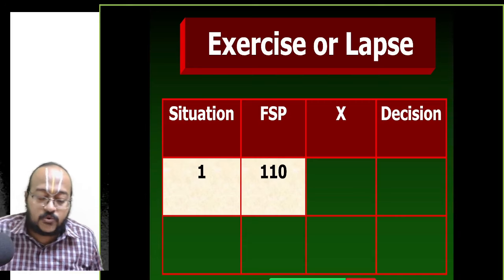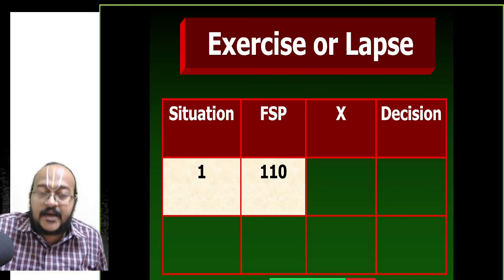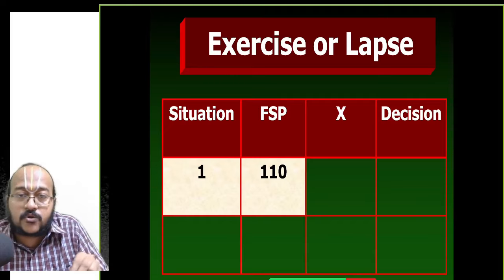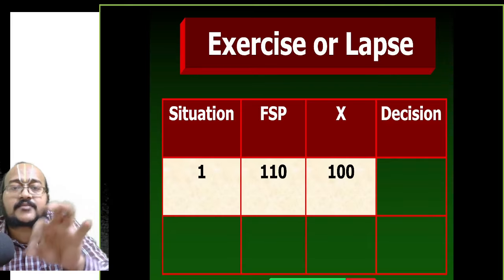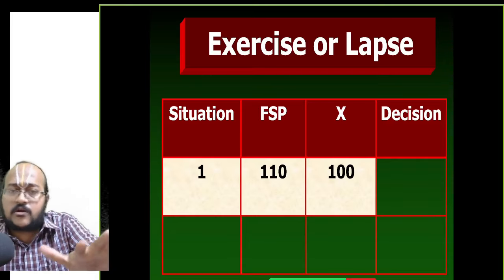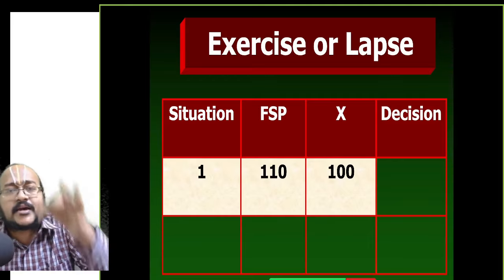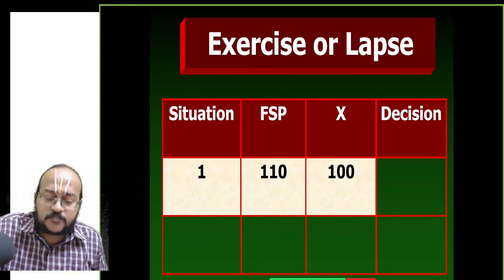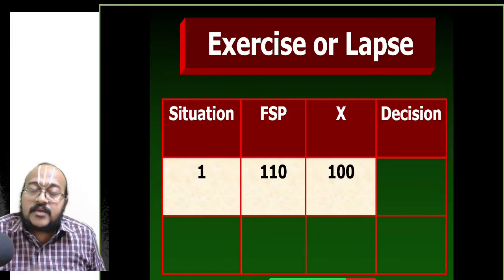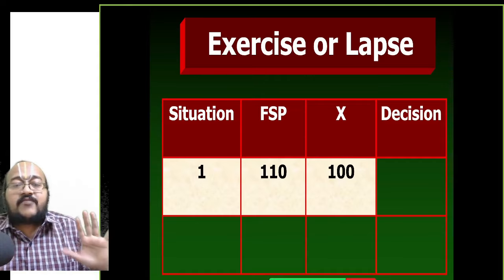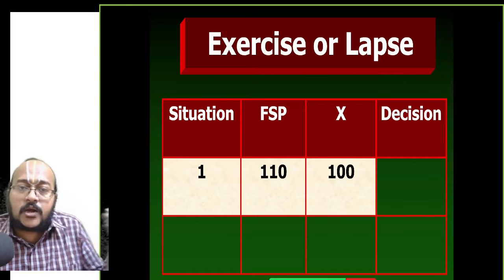In that case, the future spot price is 110. The exercise price, which you entered into the contract for, is X. Exercise price is denoted by X in your module and everywhere in the finance world. So the exercise price is 100. You have been given the right to buy the same shares at 100. At the spot price of 75 you did not buy; you only bought the contract.